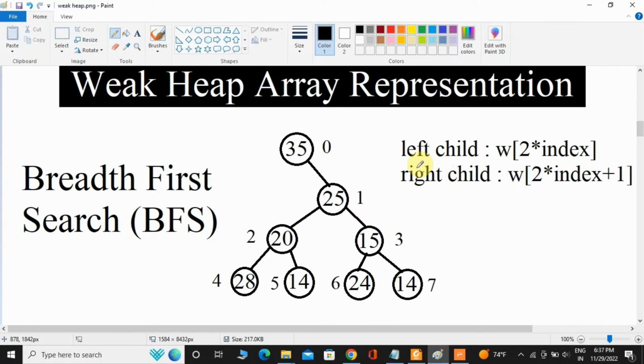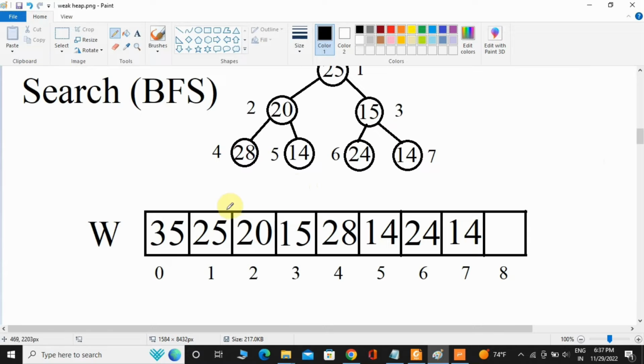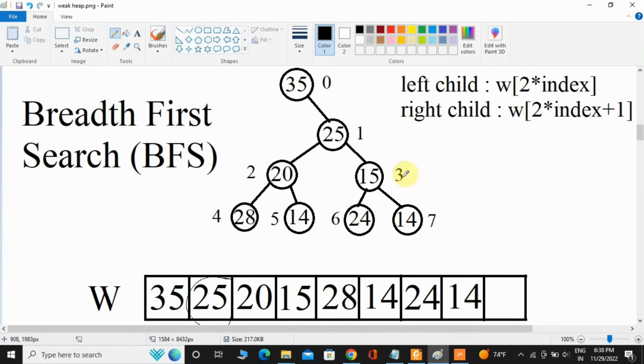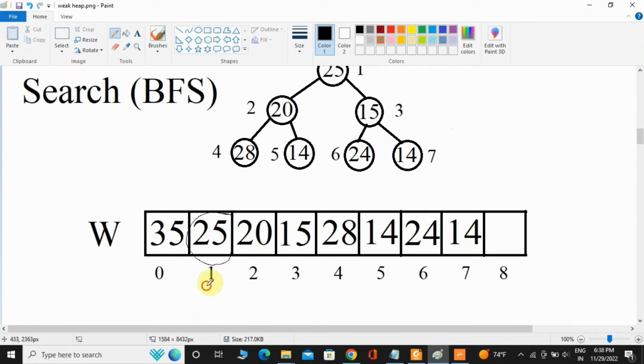And for any given node, we can find its left child and right child using these equations. Now let us assume that we want to find the left child and right child of this node. To find the left child, we use w of 2 times index. The index value is 1, so 2 times 1 is 2, so 20 is the left child.